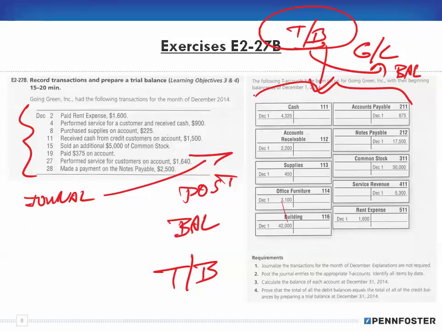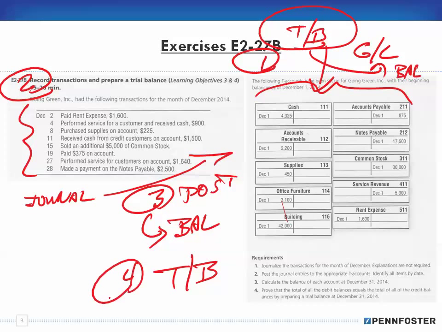So at the beginning of the accounting period, you start out with beginning balances. Throughout the accounting period, you journalize your transactions. And at the end of the accounting period, you post them, you create the balances, and then you create a trial balance. And like I said, that makes up about 2/3 of your graded project.